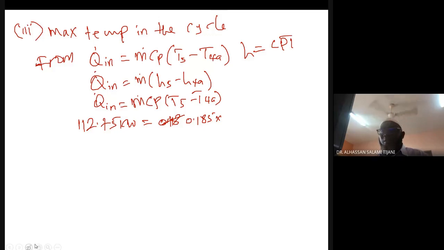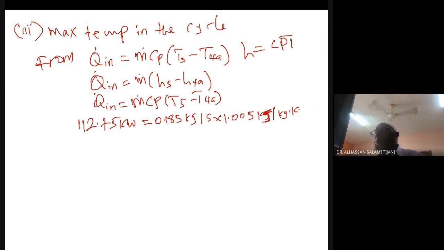Okay, so we have mass flow rate 0.185 kilograms per second times 1.005 kilojoules per kilogram per Kelvin. Sorry, this should be kilojoules.